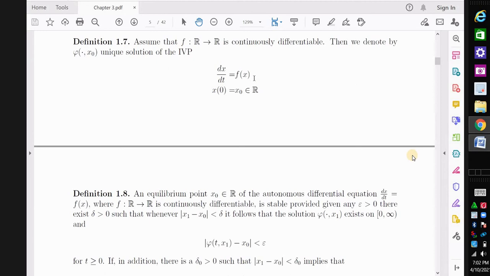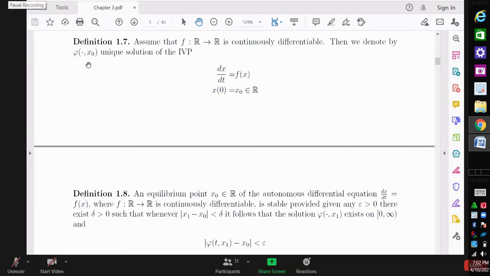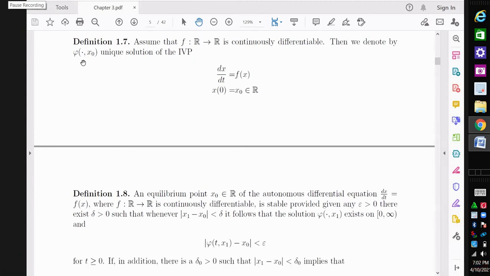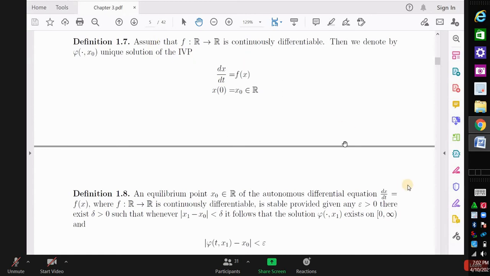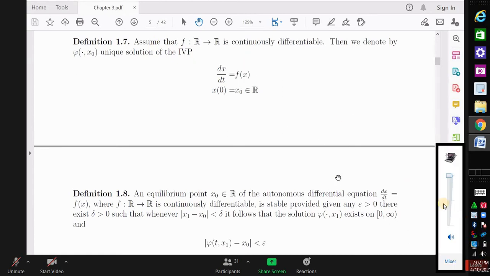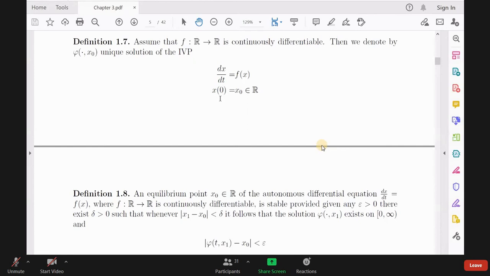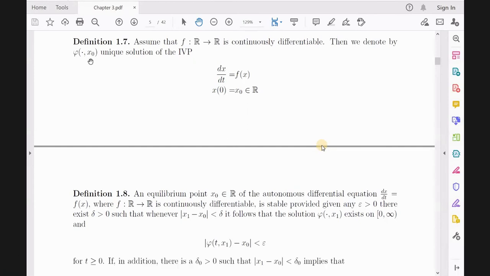So since f is continuous and differentiable, its solution will be unique. So to that unique solution, just a notation is given: phi, this is space x naught, this represents the unique solution of this initial value problem. You can see here x at 0 is x naught, so this just denotes that the initial value of this solution is x naught.